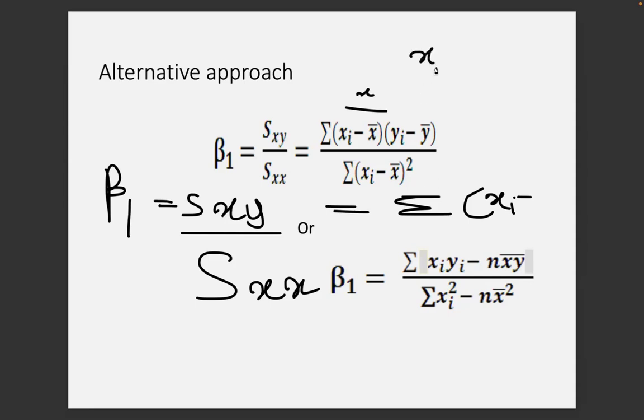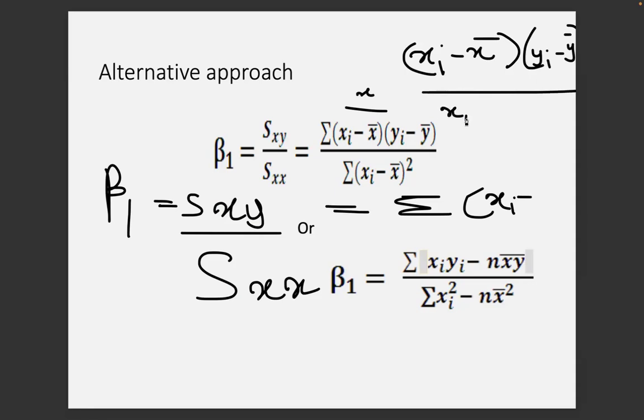Right? See how the term is formed. xi minus x bar represents the x part, and the y part is yi minus y bar. Then again xi minus x bar should be multiplied by xi minus x bar, so xi minus x bar times xi minus x bar is xi minus x bar squared.